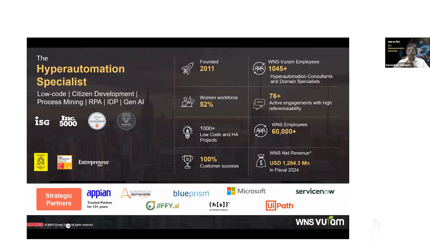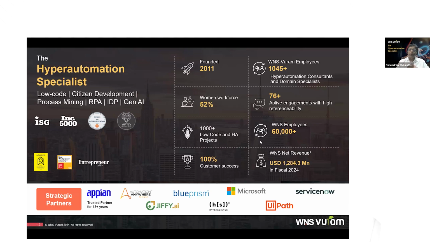Very quick introduction about ourselves. We are WNS-Vuram. Vuram as an entity was founded in 2011. We are a hyperautomation specialist. That's the only thing we do. We actually work in hyperautomation and low-code projects. And we have executed more than 1,000 low-code and HA projects over the course of the last 13 years.